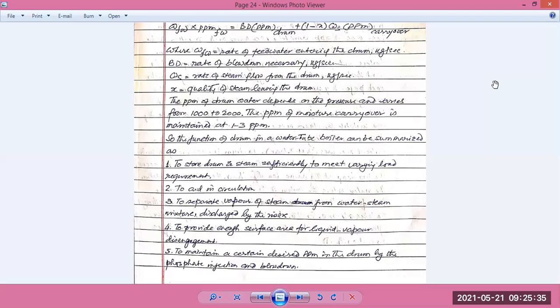So the content of the downcomer should be purely water itself, and this will supply the vapor. But when it goes to the riser itself, it cannot be totally vaporized into steam.